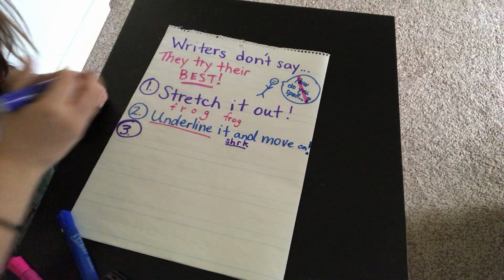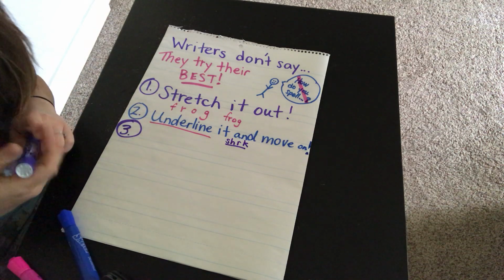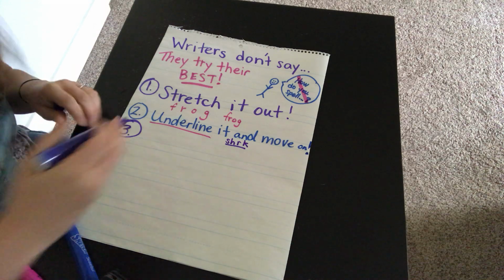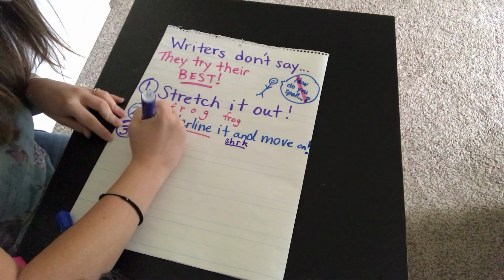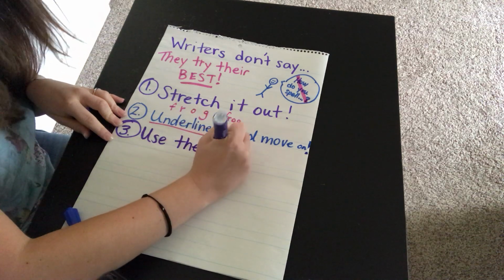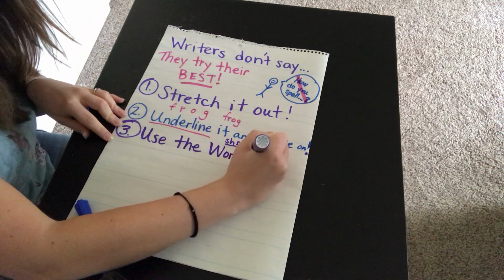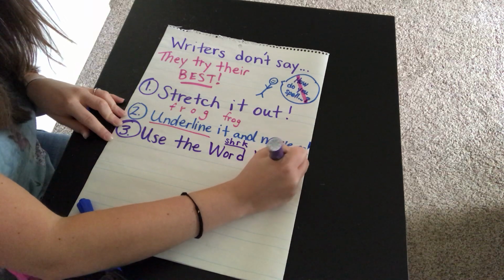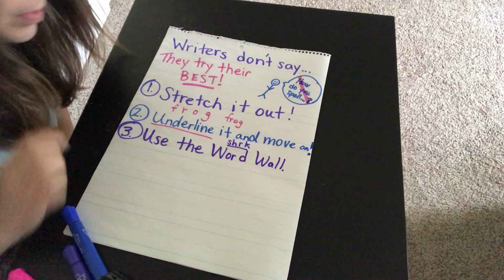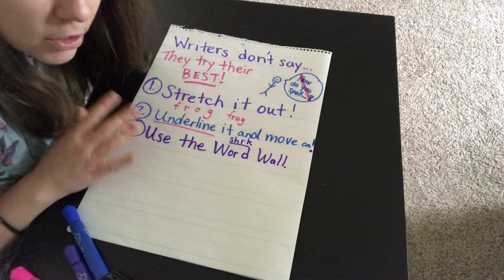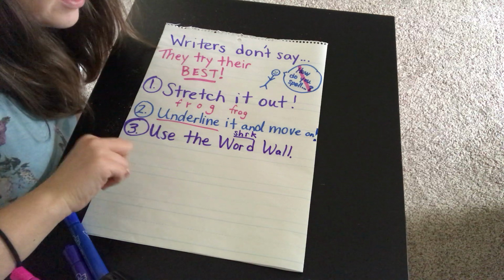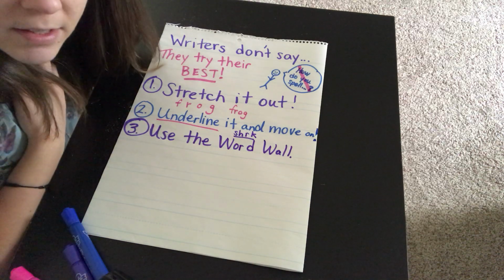Something else I could do if I get to a word that I don't know how to spell, I could use the word wall. Okay, so in my class, I have a big wall. It's actually on my cabinets, and there are letters on the wall, and then under the letters, I have different words that start with that letter.